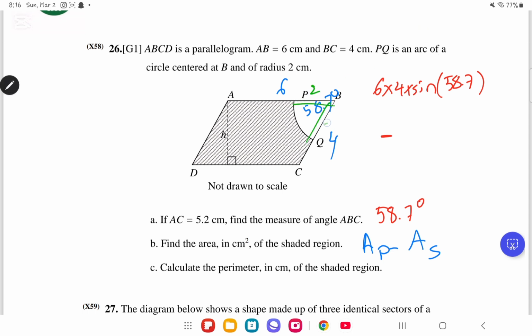We know that this is 2 and 2. So the area of any sector is angle over 360 times pi times the radius squared.